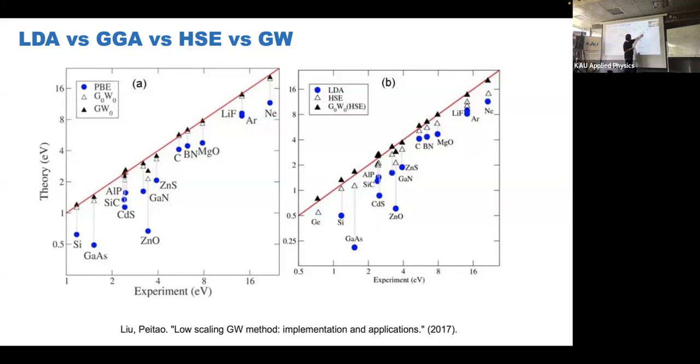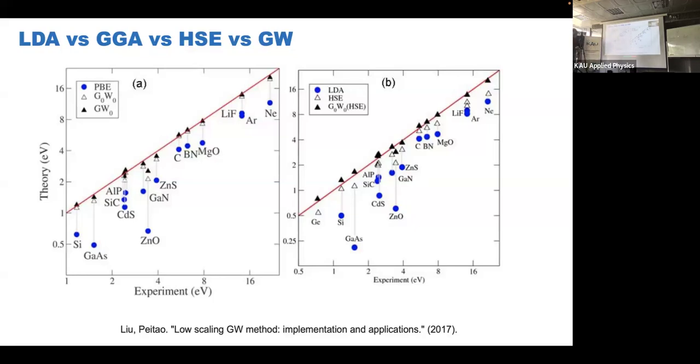For example, for diamond, we get about 6 by HSE, which is real, and less than 4 by LDA. So it's a really huge difference. But of course it costs.